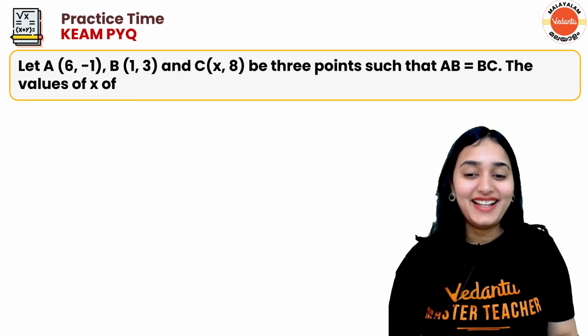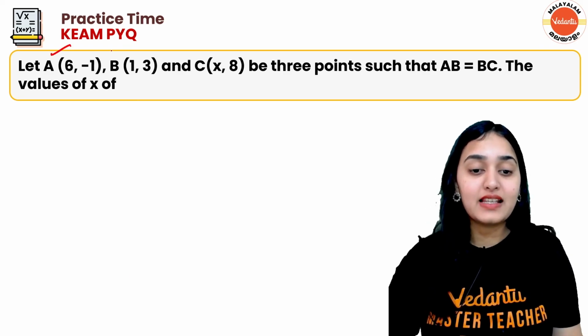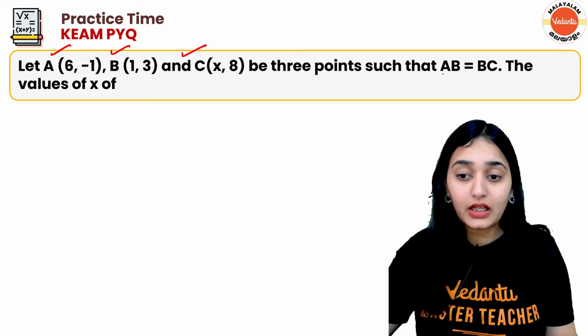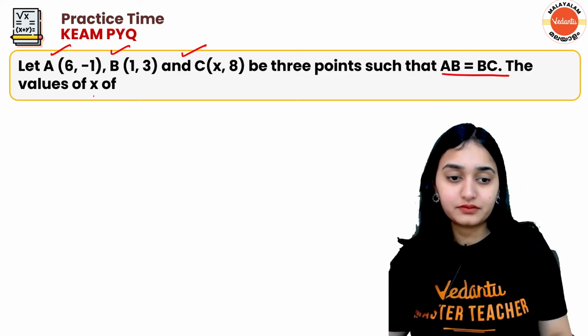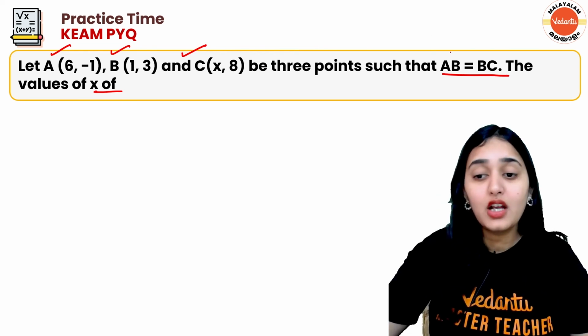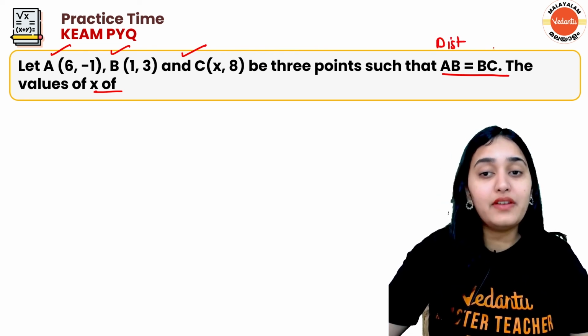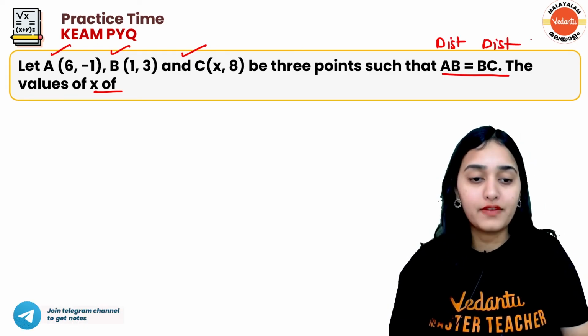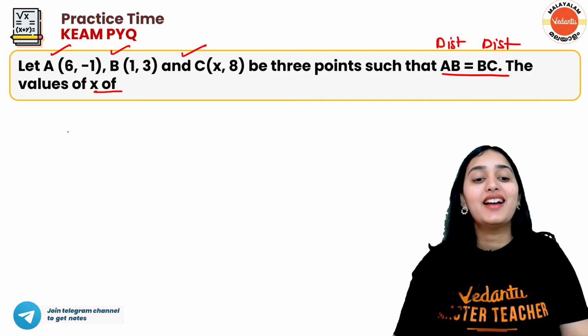Alright. Next question. If A is this, B is this, C is this, then if AB is equal to BC, what is the value of x? So you have to find out the distance between AB, the distance between BC and equate both of them. So let's do that.